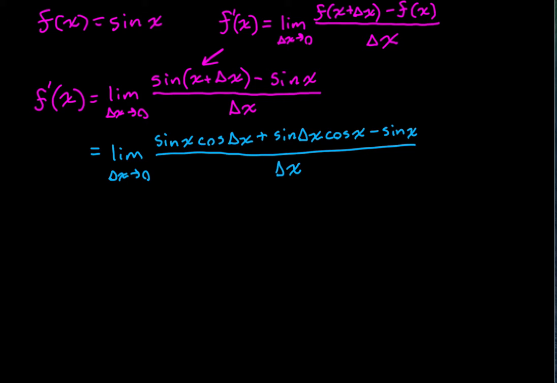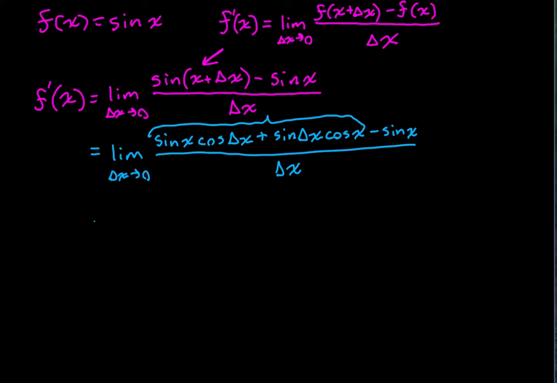This is what you can find using the rule, this expression right here. If you forget it, that's a good thing to know, but I'm just telling you right now, the sine of x plus delta x is sine of x cosine delta x plus sine of delta x cosine of x. That's just the angle addition identity.